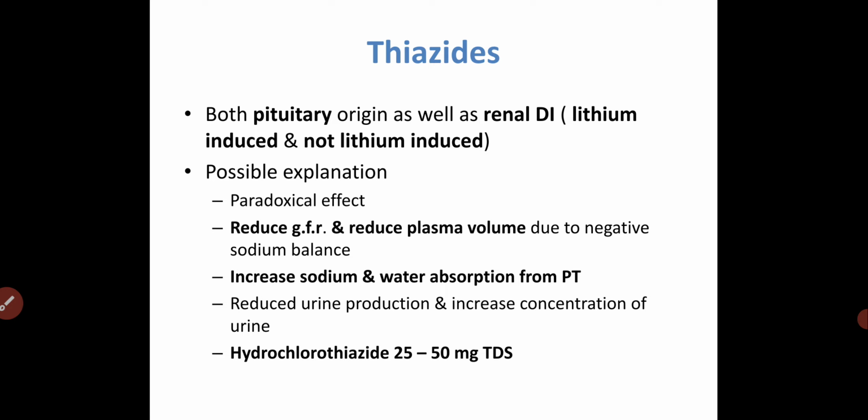Ultimately there is reduced urine production and increased concentration of urine in the diabetes insipidus patient, not in a normal patient. So it's a possible explanation of why thiazide is useful as an antidiuretic.